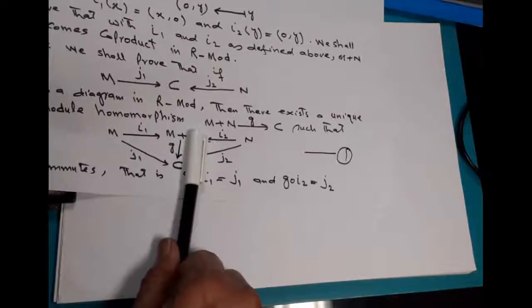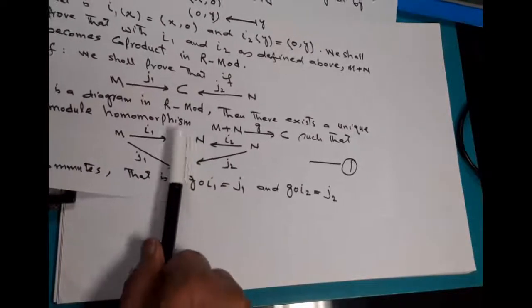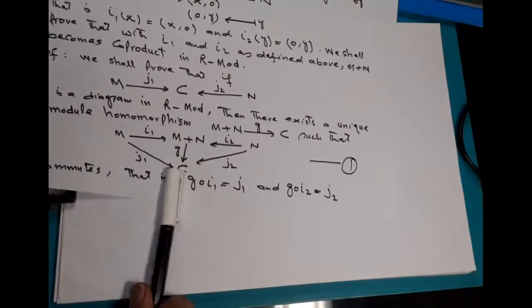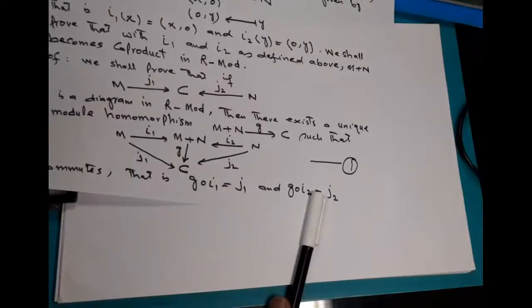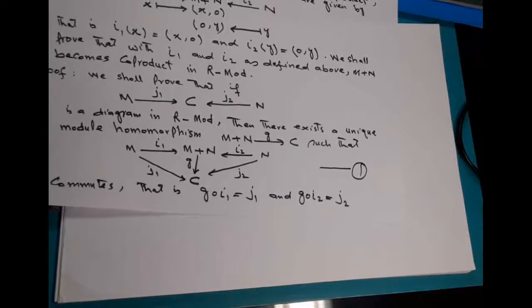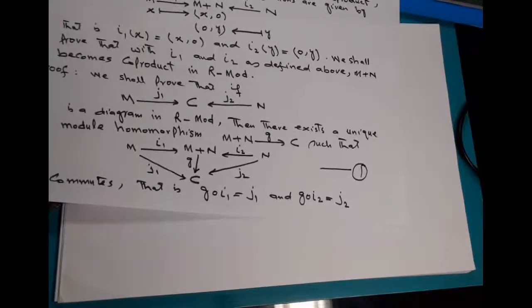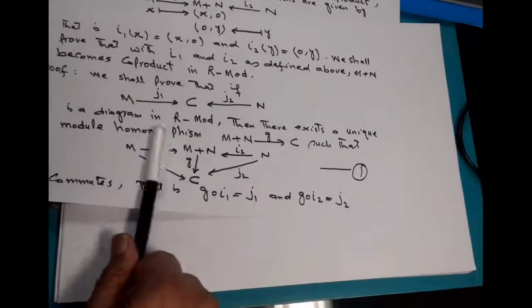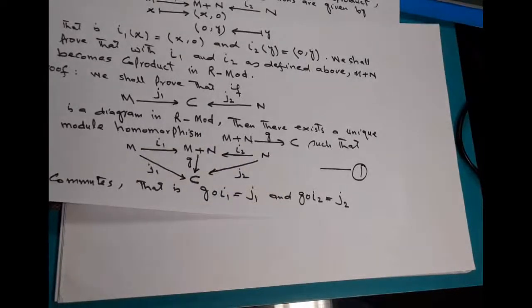So let's see how the proof goes. First of all, we have to define this particular map G, from M plus N into C. First we will define this map, then we will come to commutativity, and then we will come to uniqueness. So we have to do 3 steps. First, define this map G, then prove that this diagram commutes, and then prove that G is unique.